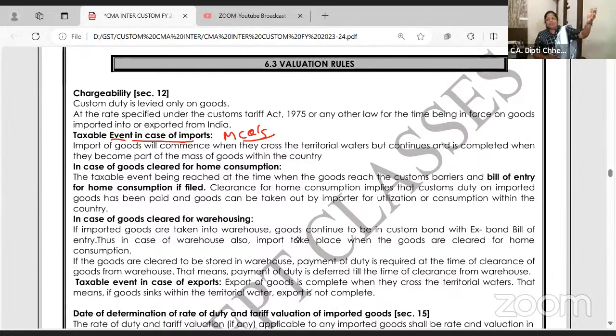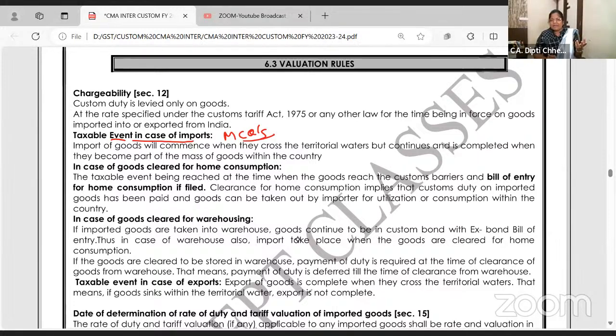The goods come into the territorial waters of India. Suppose they are coming with the vessel, so the master of the ship will send an import manifest, and then the goods will be unloaded and maybe brought to smaller ships, then to port and all. So when will you collect the tax? Taxable event is like the chargeability section.